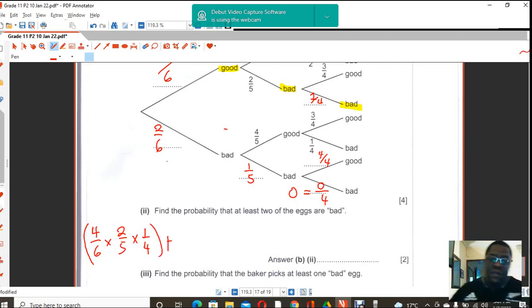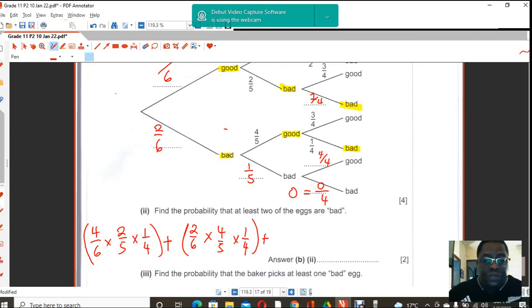Plus. Now we're done there, otherwise everything will just be good. So another combination. It's bad, good, bad. There we go. Remember that's a plus. Bad 2 over 6 times good 4 over 5 times bad, sorry, 1 over 4. There we go.